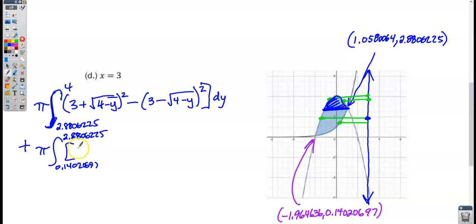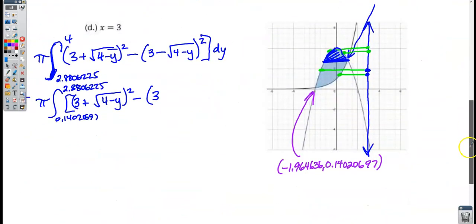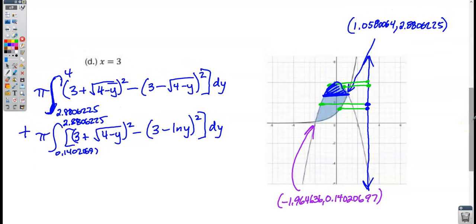So that's the same as the first part here. And then the inner radius is the distance from this axis to the, what is that, the natural log of y. All right, and there's our setup to find the volume in this case.